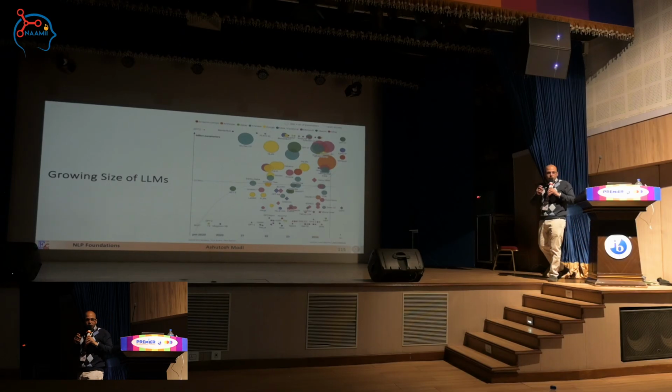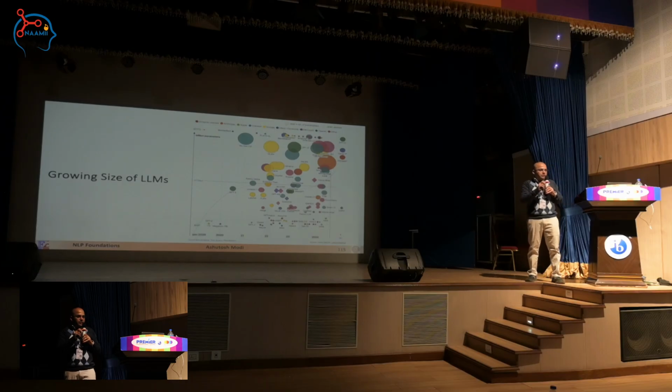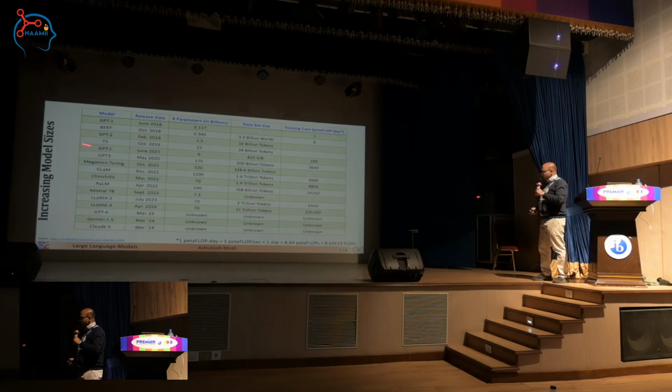So assume that I tell you, now we just saw that full fine tuning gives the best performance. Can you do full fine tuning on this huge model? Obviously you will not be able to do it. If you see the evolution of these LLMs, starting from GPT-1, which has just 0.1 billion parameters, and then you see the training cost in petaflop per day.